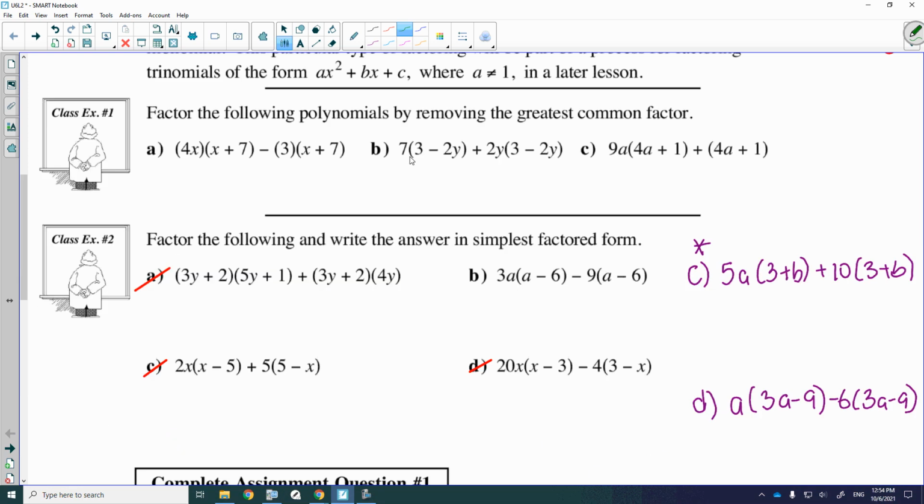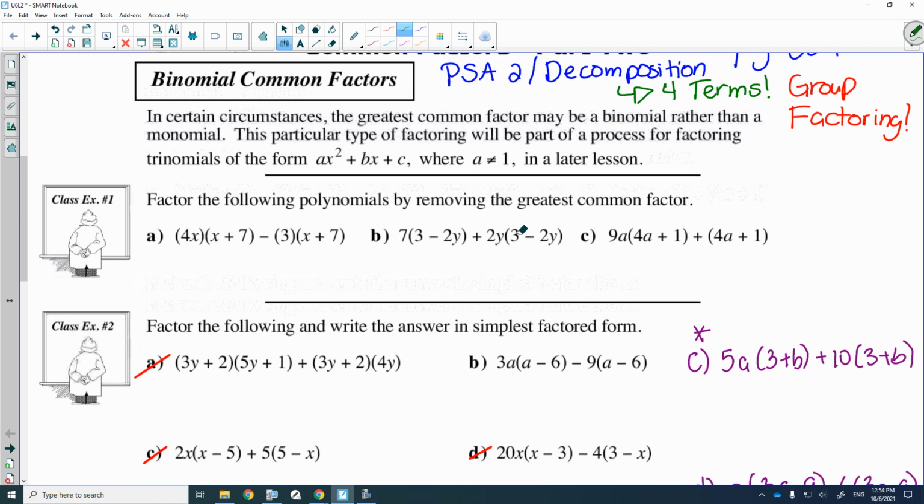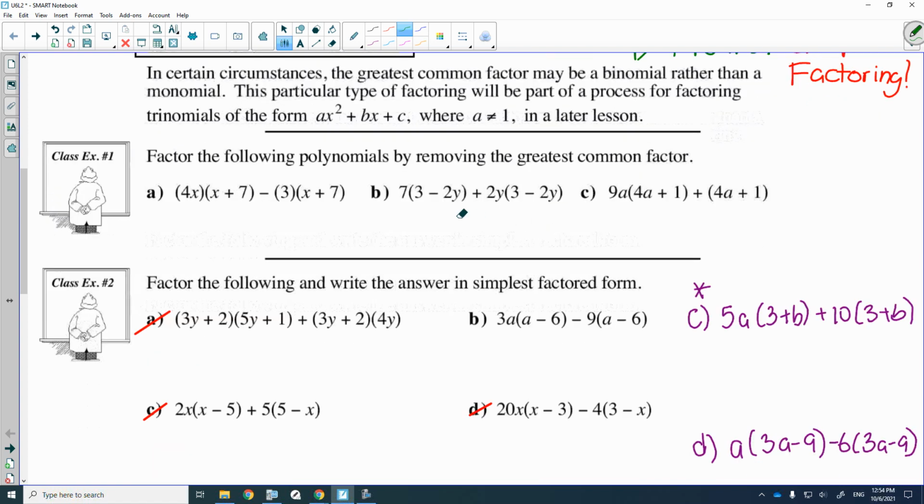So for number 1, you say, okay, 3 minus 2y, 3 minus 2y, they're the same. This is the group factoring stuff. So we got to take that out. 3 minus 2y, factor that out. And then the second bracket is what's remaining, which is the 7 plus 2y.